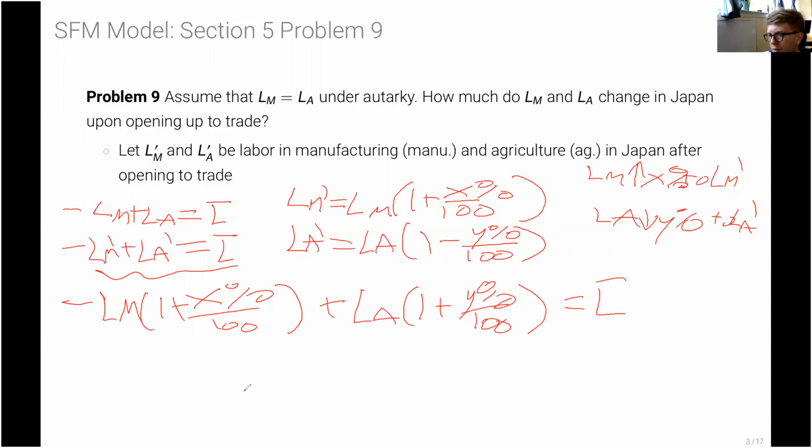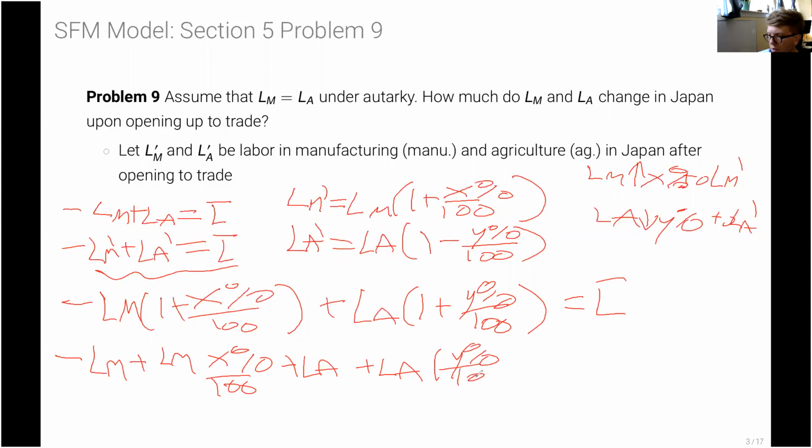And now the fact I'm going to use is, actually, let me multiply these terms out here. So if I multiply these terms out, what do I get? I get LM plus LM X% over 100 plus LA plus LA Y% over 100 equals L bar.